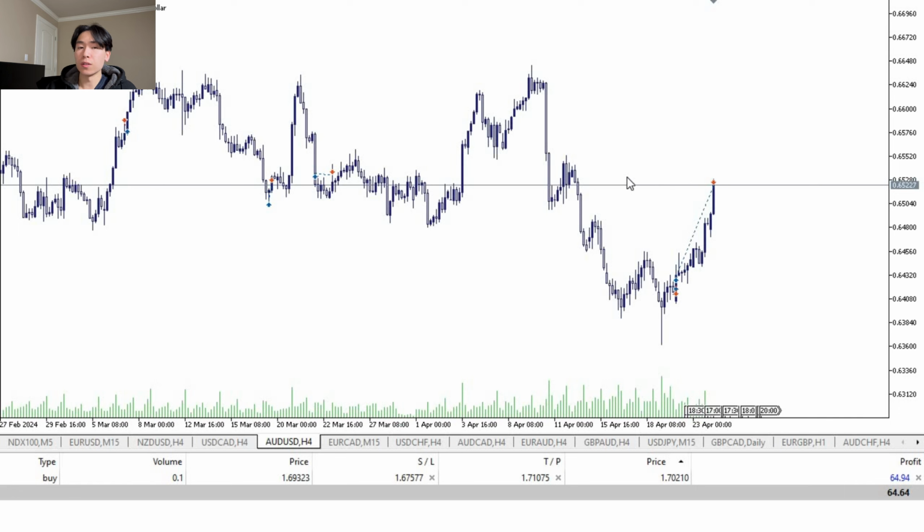I know I should have held it until take profit, but I didn't want to risk having price retrace all the way back down, especially because I was already negative.